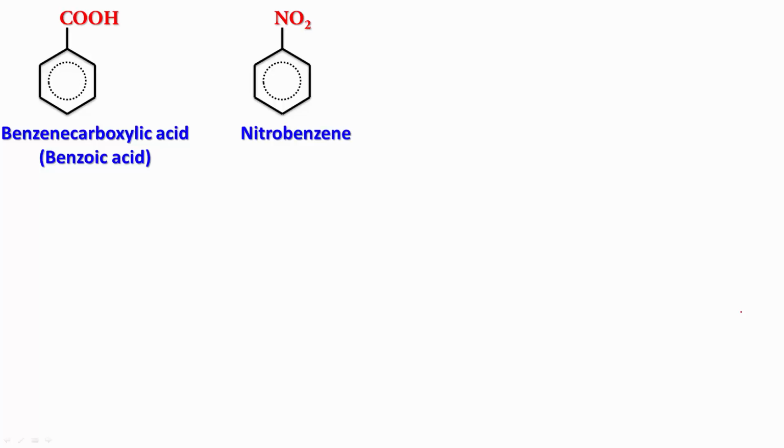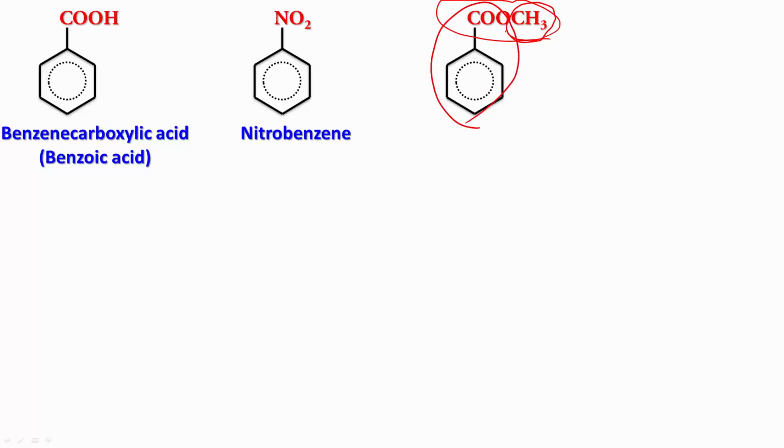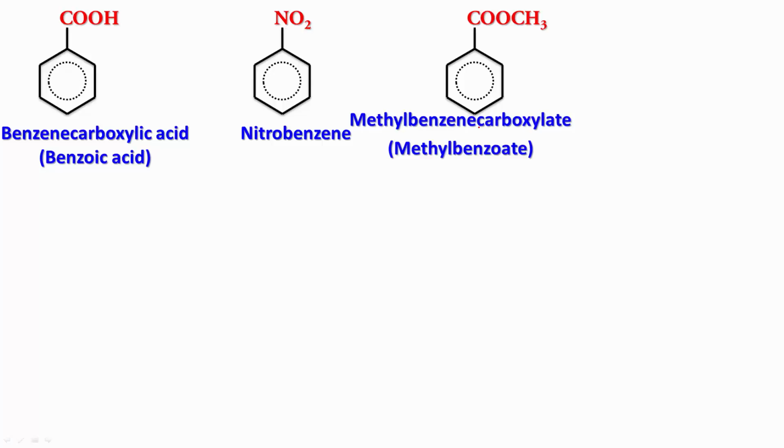What do you call this one? What kind of a compound is it? Can you see it's an ester? Ester of which acid? Benzene carboxylic acid. So we can either call it methyl benzene carboxylate or methyl benzoate, because we can also call the acid as benzoic acid.